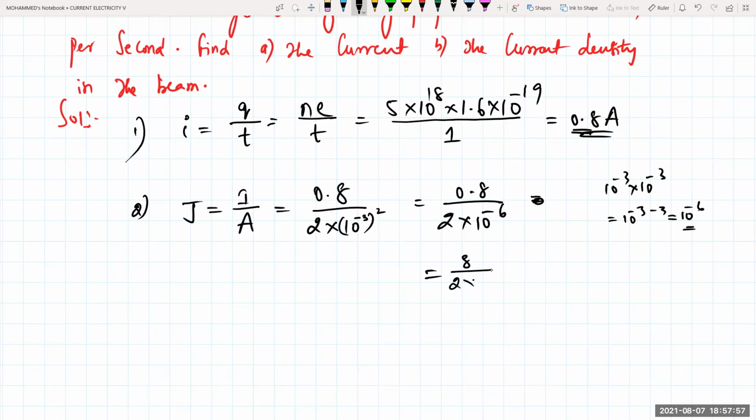So 8 into 2 into 10 to the power of minus 6 into 10 to the power of 1. అంతే కదా.